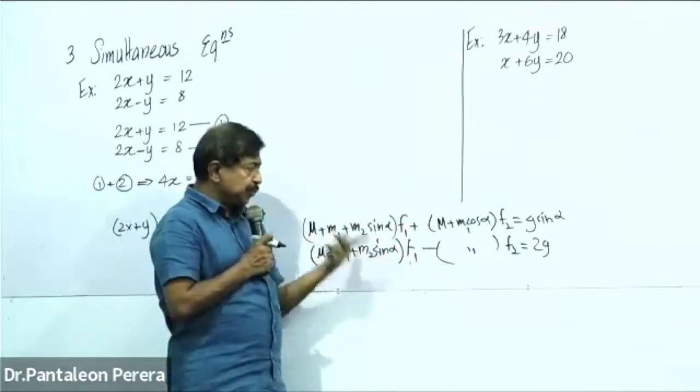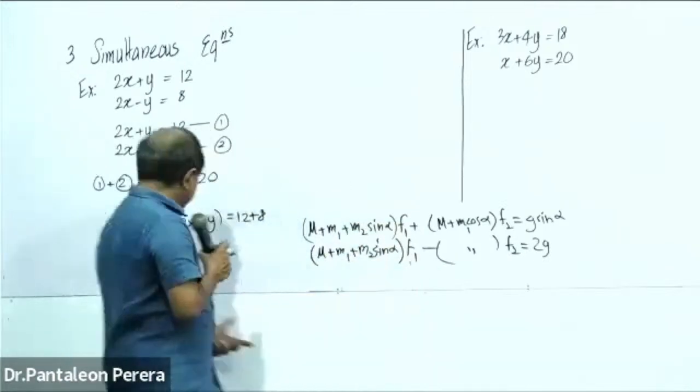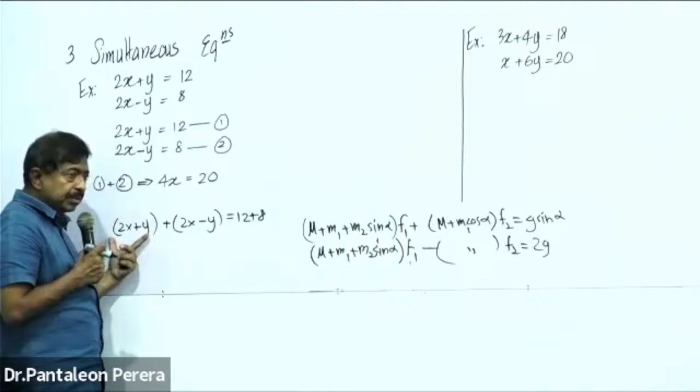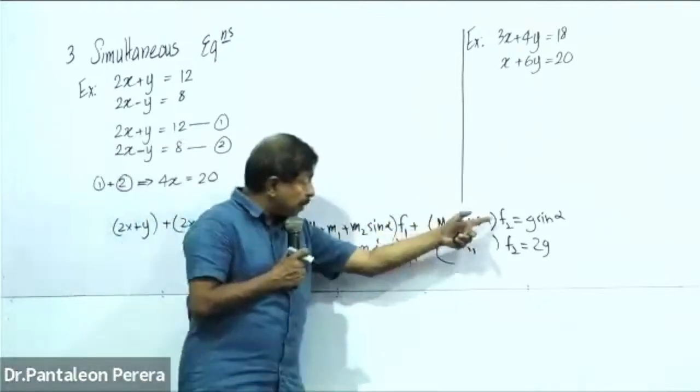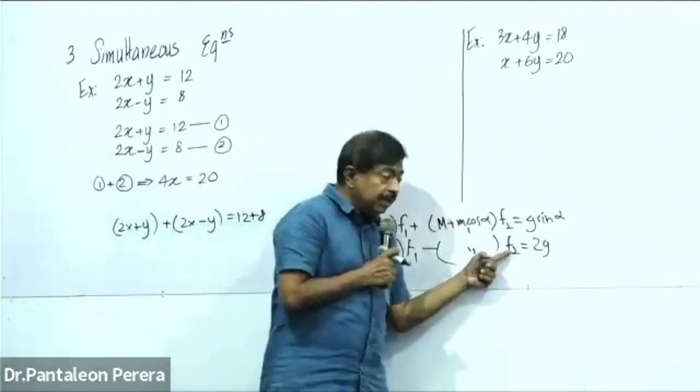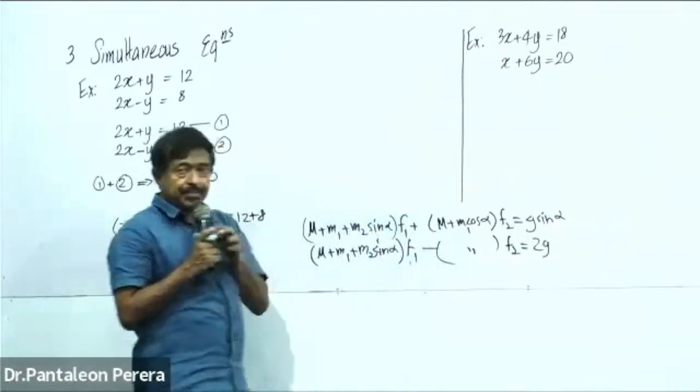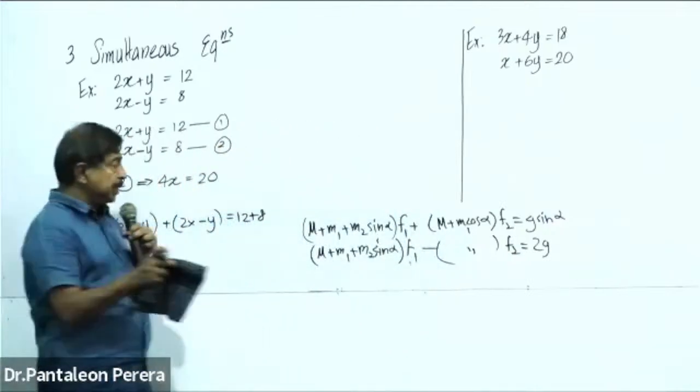Just by addition, yes, you can eliminate that. But what happens if you follow this method? Then you have to write this part plus the whole thing equal to the right-hand side. So it takes a lot of time. Don't do it like that.